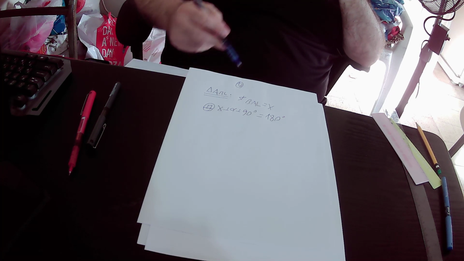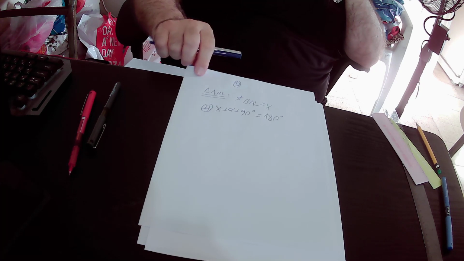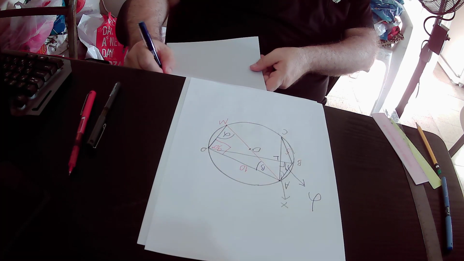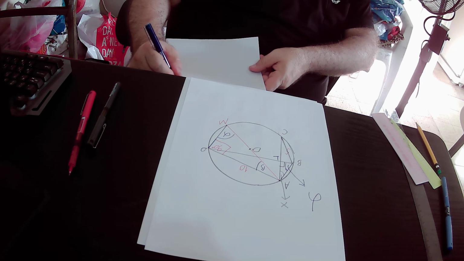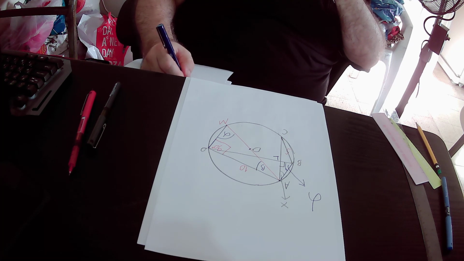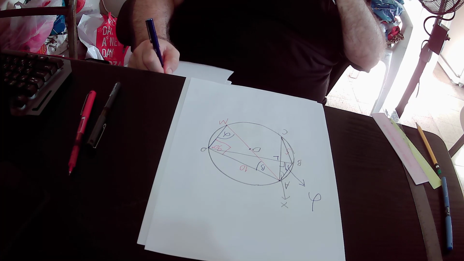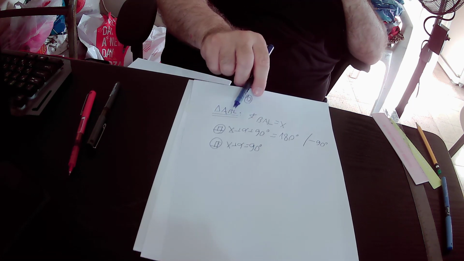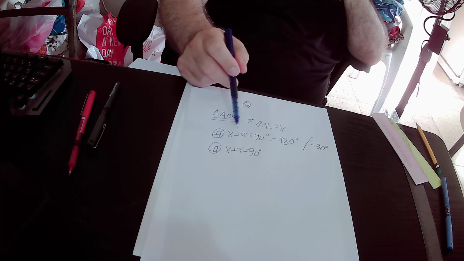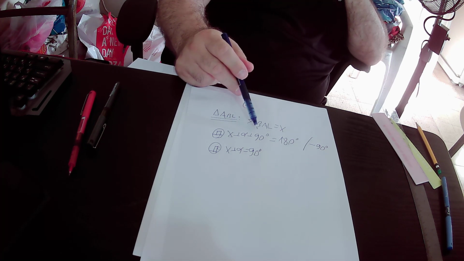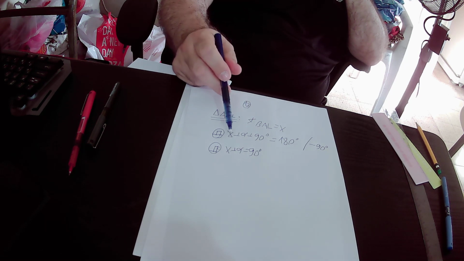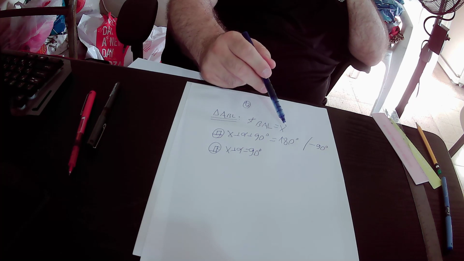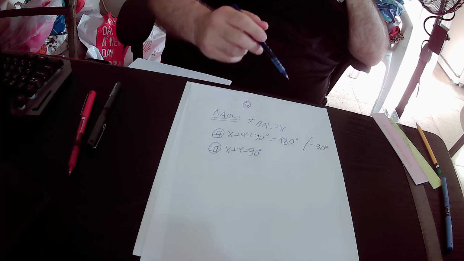Okay, we'll subtract 90 degrees from equation number 2. So x plus alpha plus 90 degrees minus 90 degrees equals x plus alpha, and 180 degrees minus 90 degrees equals 90 degrees.